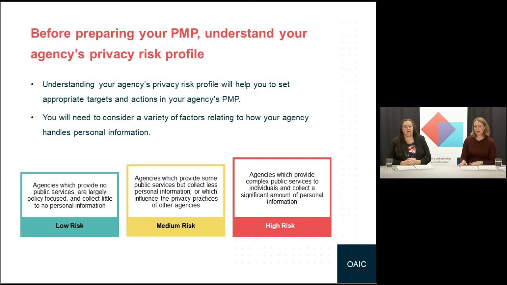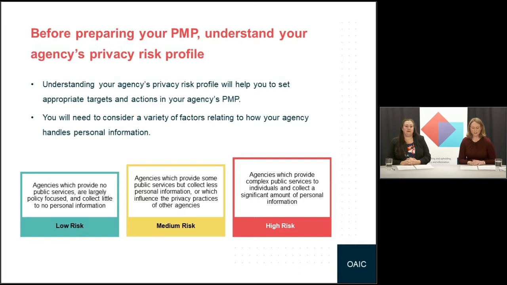So before you begin actually preparing your PMP, as a preliminary step, you will need to consider your agency's specific circumstances. It's important that you have a clear understanding of your agency's privacy risk profile, as this will help you to set targets and actions that are appropriate for your agency. There are a variety of factors you'll need to consider to understand your agency's privacy risk profile.